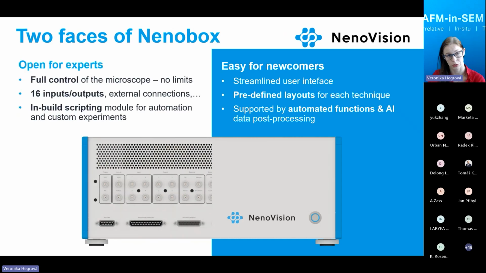But it's not closed for the experts. So you can have full control of the microscope without limits. There are 16 inputs and outputs for external connections, and inbuilt scripting module for automation and custom experiments. So there are many possibilities how to use it.